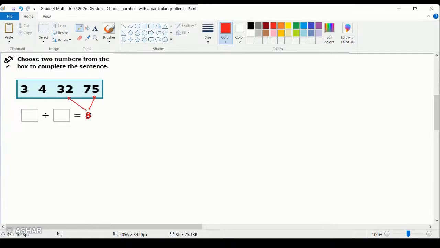The larger numbers are divided by 8, and if they are the smaller numbers, then 8 is divided by them, okay? Or if they are smaller numbers than the quotient, then we do the other way around, okay?